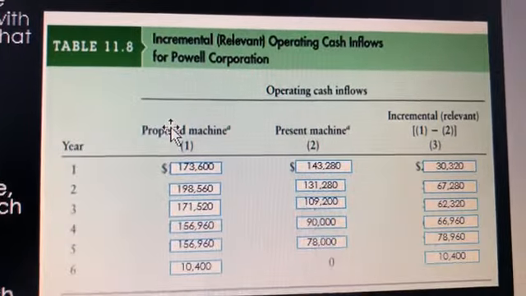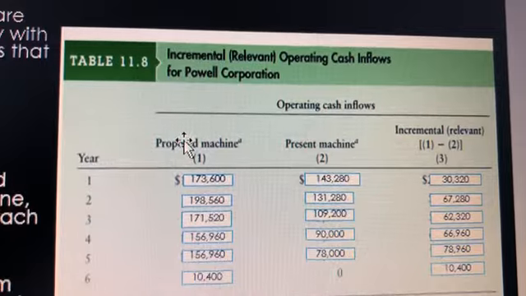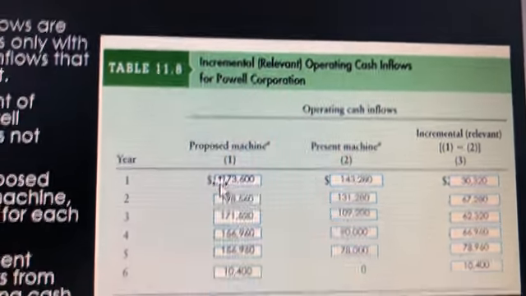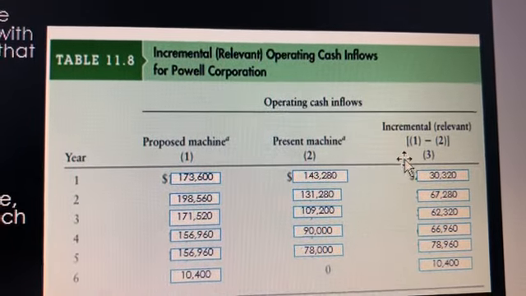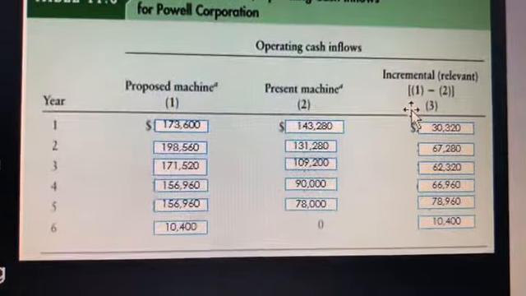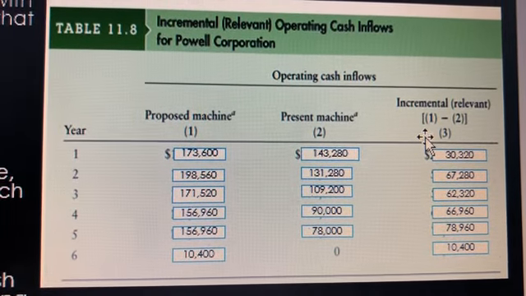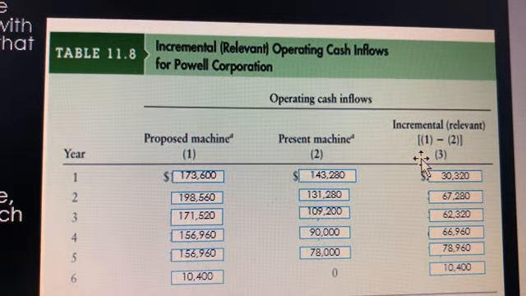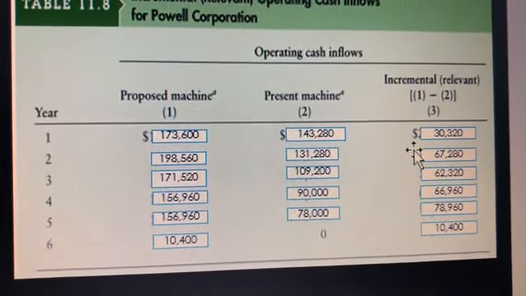And column 1 shows that if the proposed machine replaces the present machine, the firm's operating cash inflows for each year will be these figures right over here. And column 3 is subtracting the present machine's operating cash inflows from the proposed machine's operating cash inflows, which will give you the incremental operating cash inflows for each year, which are these figures over here.